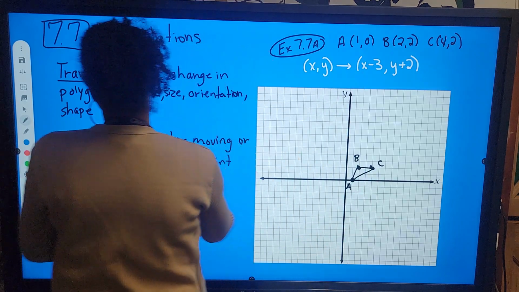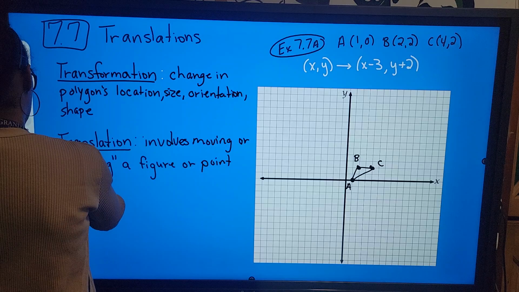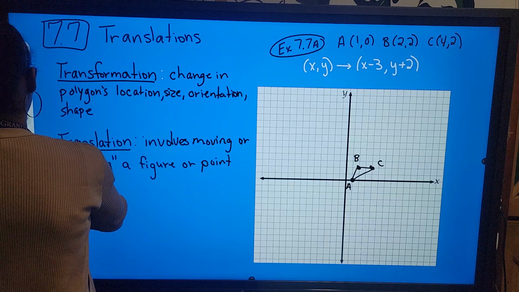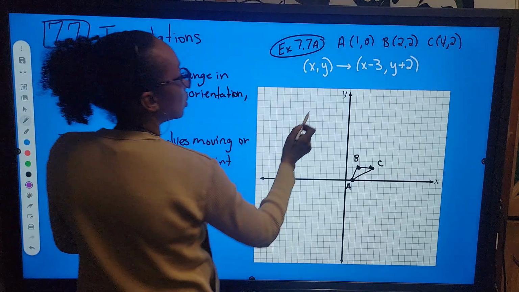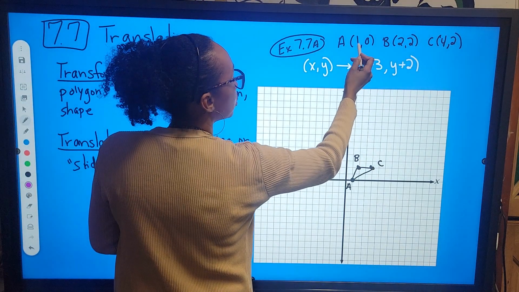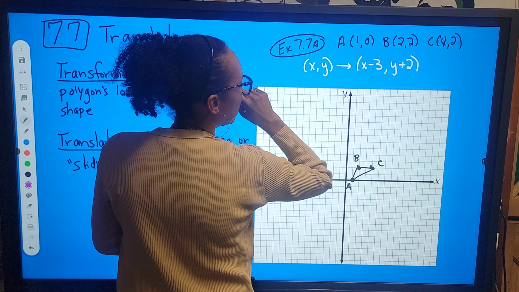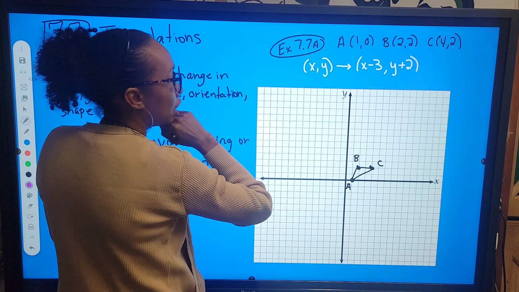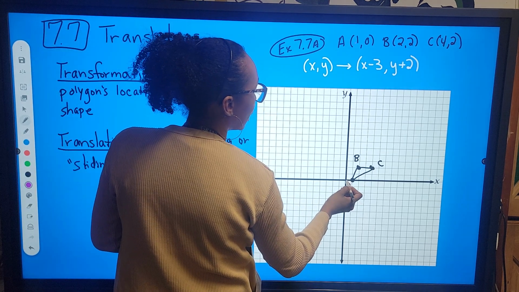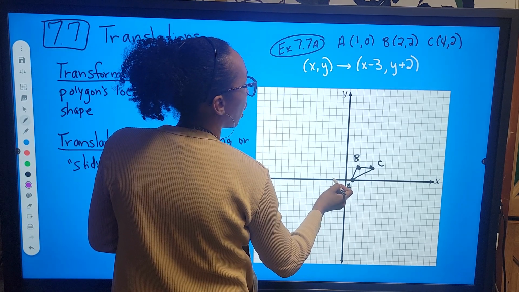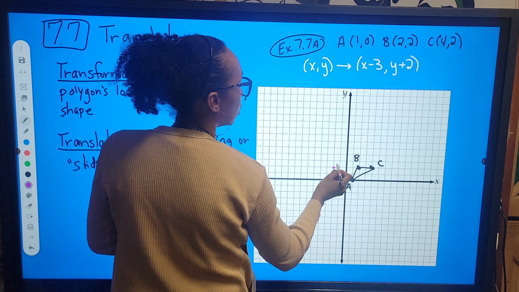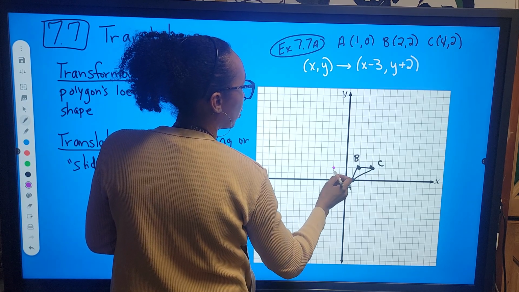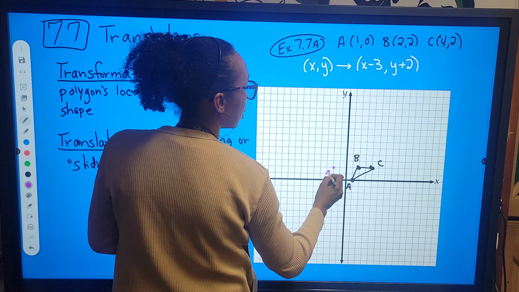And now we're going to use our translation formulas here. So I'm going to say 1 minus 3 is going to be negative 2. So when x is negative 2, and then y is plus 2, so 0 plus 2 gives us here. So here's our new A, or what we call A prime.